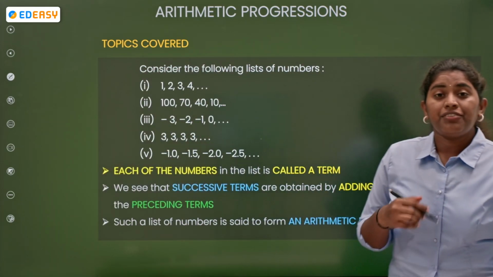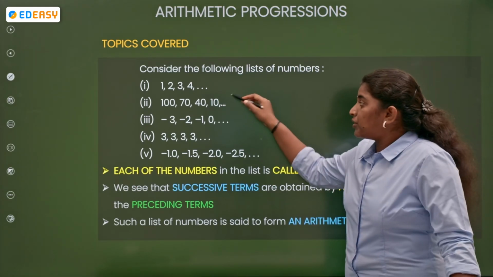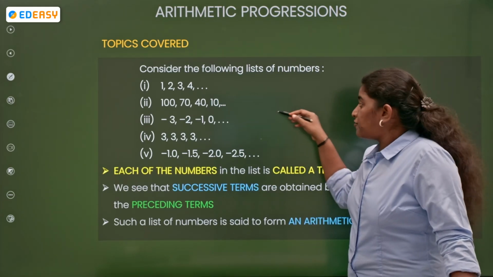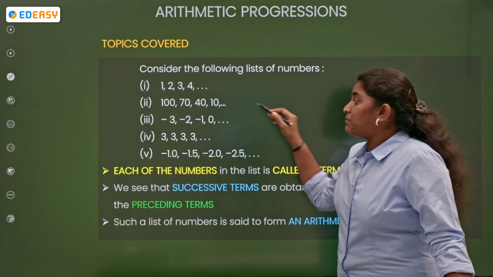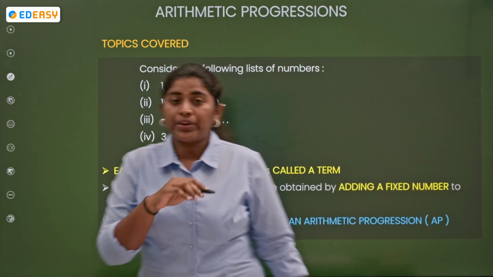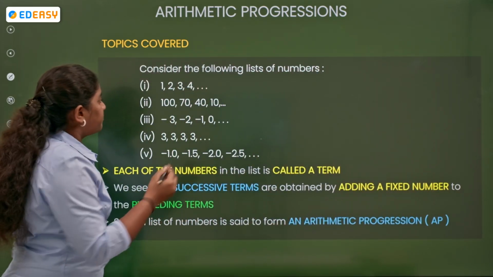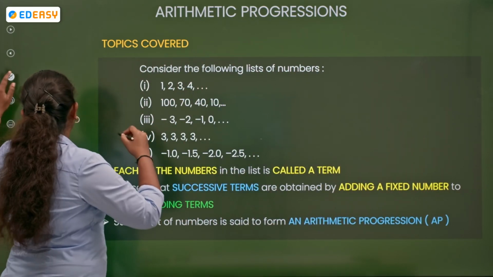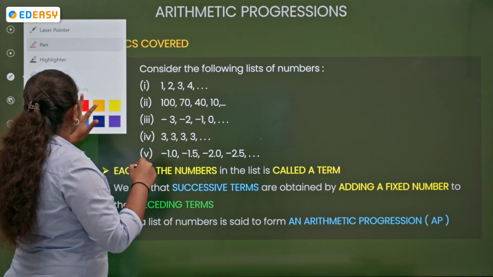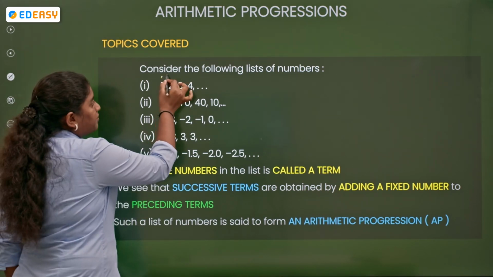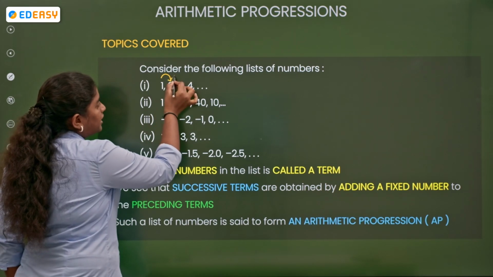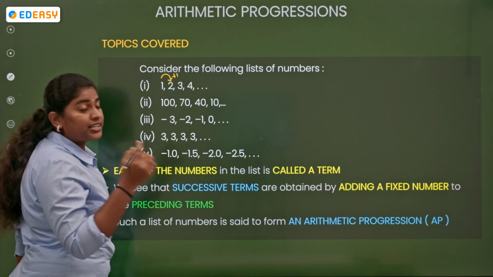If we observe some series like 1, 2, 3, 4 and 100, 70, 40, 10 and minus 3, minus 2, minus 1, 0, let's take the first one only. Here I have 1, 2, 3, 4. How am I getting my 2? For the 1, if I add 1, I get 2.